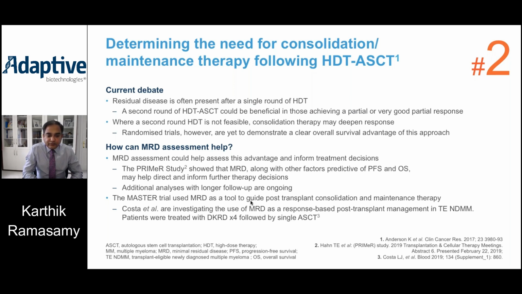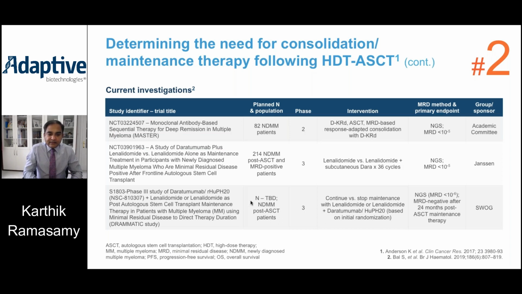The second trial that was presented by Dr. Costa at ASH is the MASTER trial, which is using MRD as a guide to post-transplant consolidation and maintenance therapy. So those patients who are MRD positive go on to get the post-transplant consolidation, and those who are negative just move on to maintenance therapy. So in this particular scenario, there are at least 3 trials that are ongoing that have been brought to my attention.